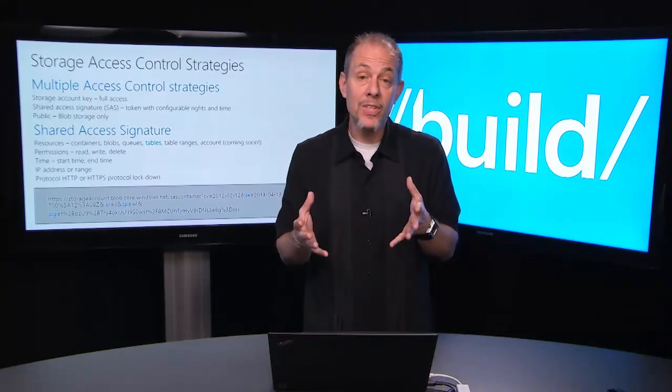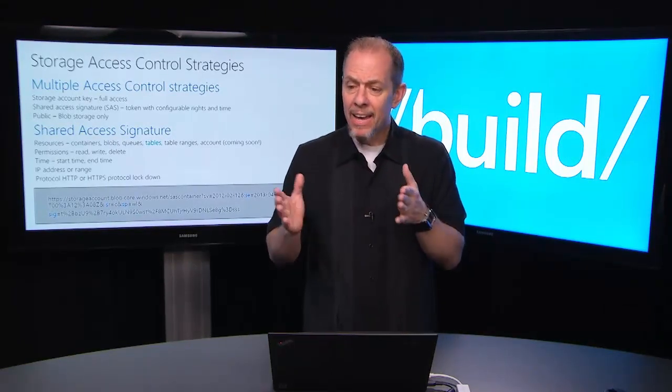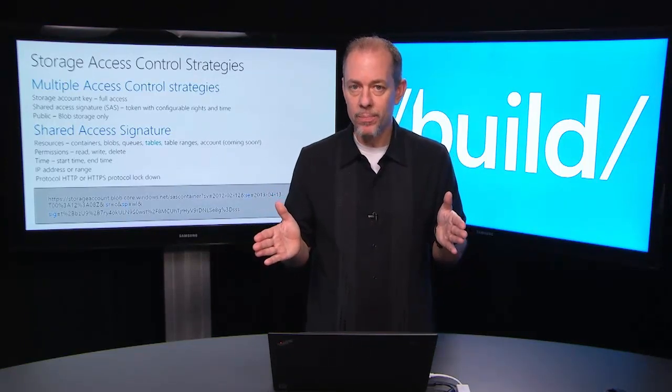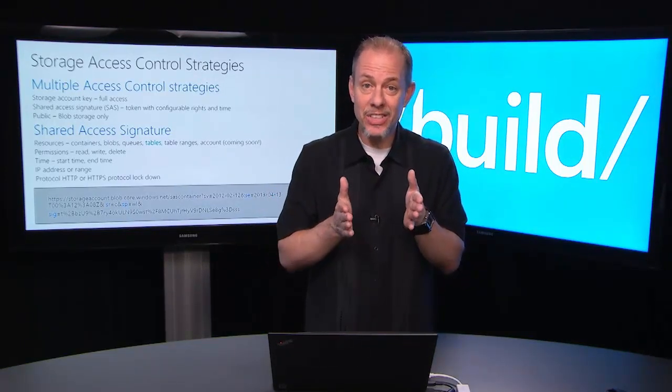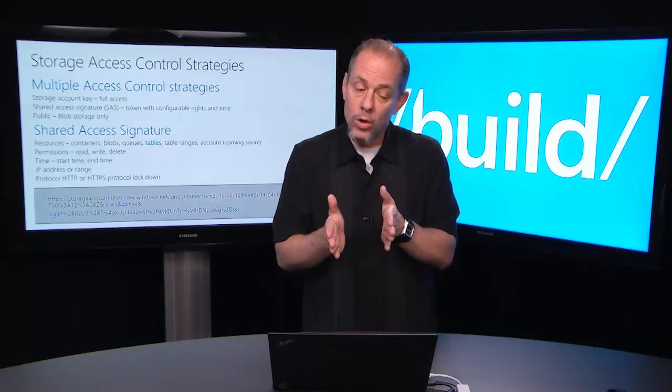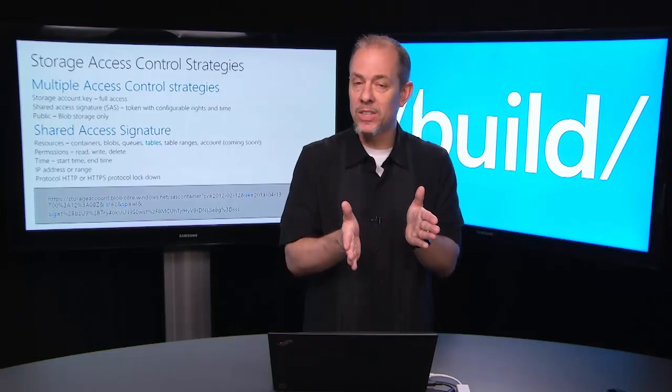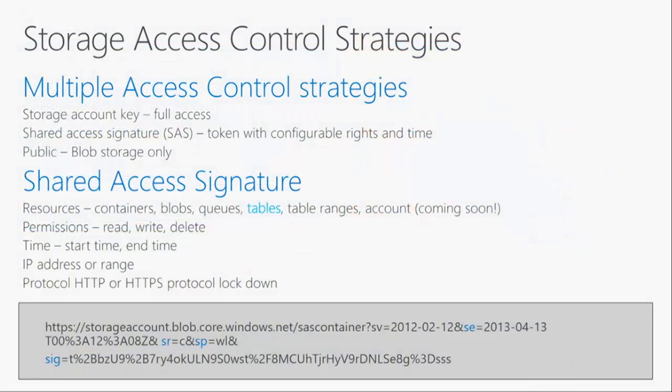So for example, for tables, if I'm an ISV and I've got multiple customers in a table, I can actually create a shared access signature scoped just to the range of data. So for tables, you can actually specify a range of data for that particular customer. I can specify granularity of permission, so I can give them read permissions or maybe read write or read write delete, any combination therein.